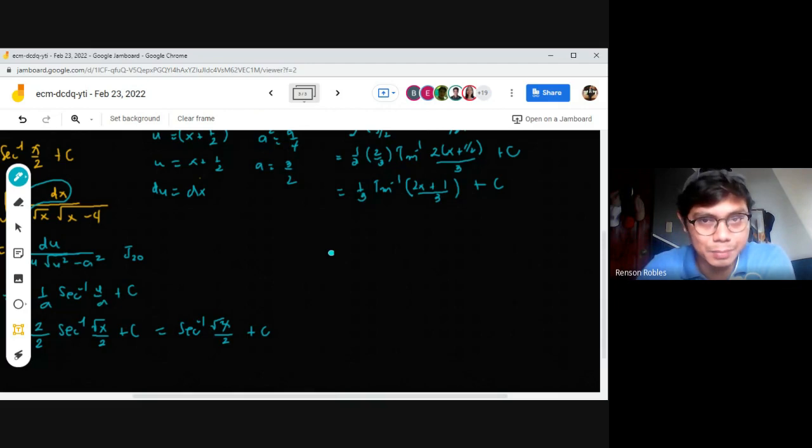Anyway, ano pa bang form? Let's try this one from your module. Ito pala, buti naalala ko to. Ito, number 10. Exercises naman siya. Sorry.